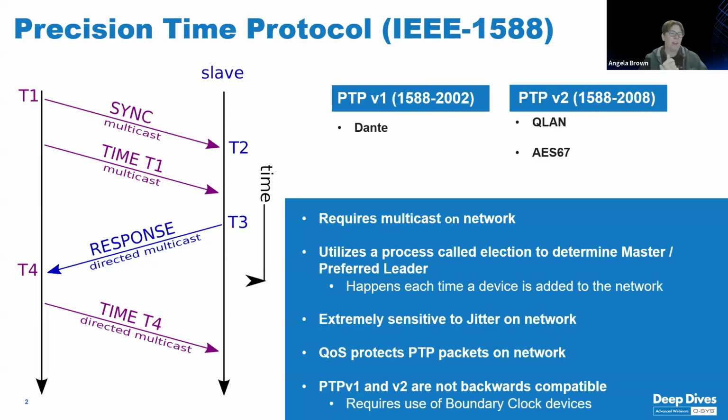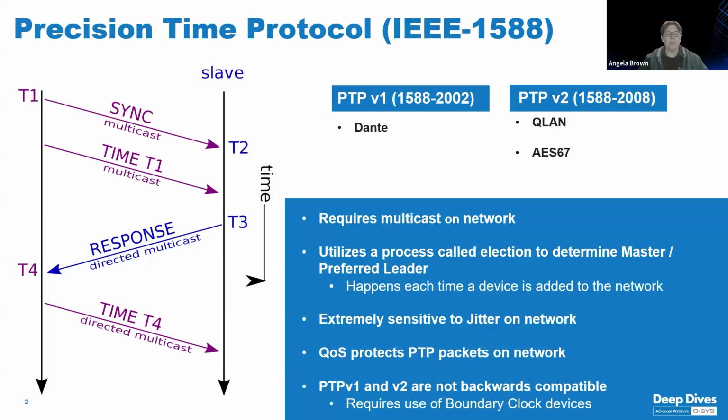So I apologize if I say a wrong word here. In the new standard, they actually have a term for the grandmaster clock as time transmitter, and the clock followers are called time receivers. I tend to use clock leader and clock follower, and we'll try to stick with that throughout so we can all agree on that terminology.